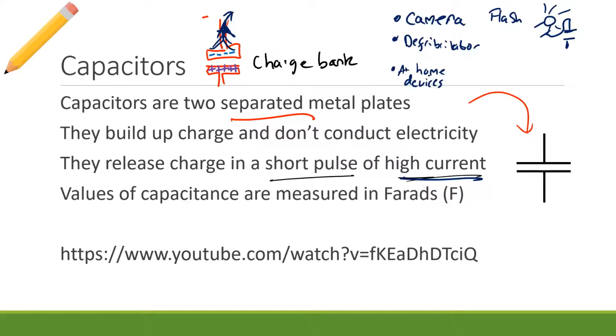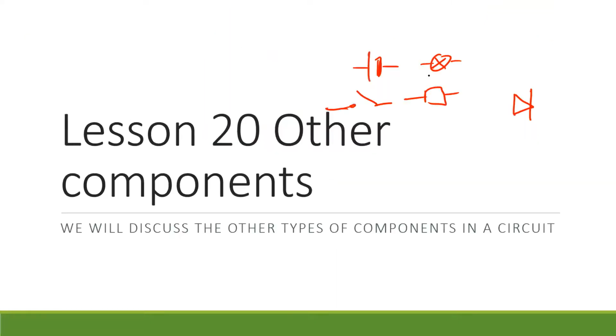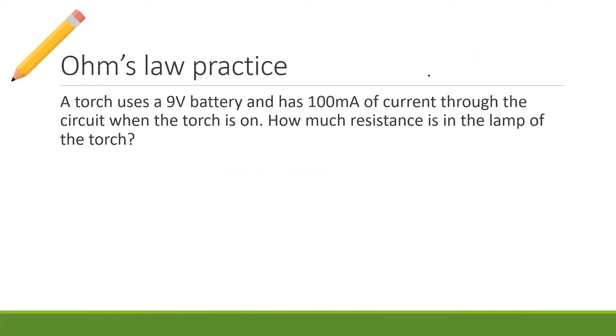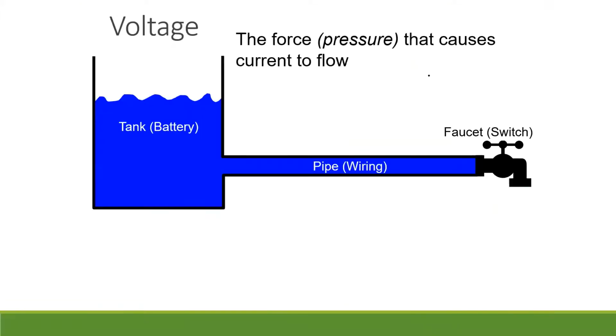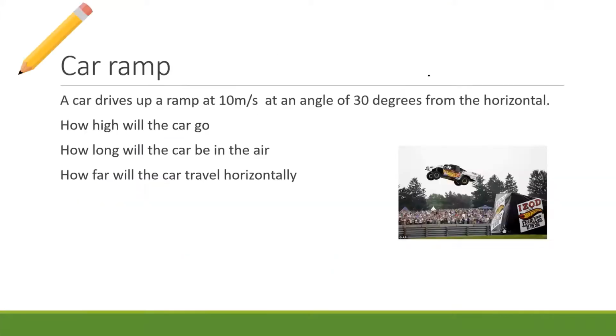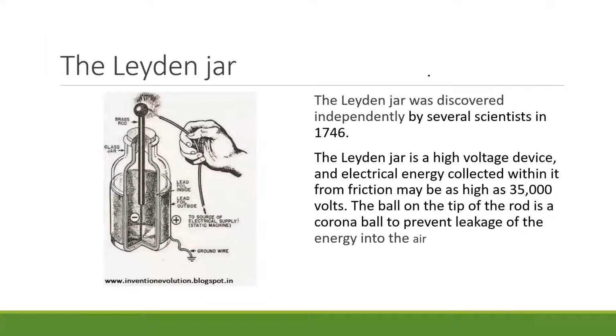You don't need to know too much about them. You just need to know that they build up charge. One last thing about capacitors. Remember I said that they're very similar to batteries. Well, remember back at the very start, when I showed you a Leyden jar, which looked like this?